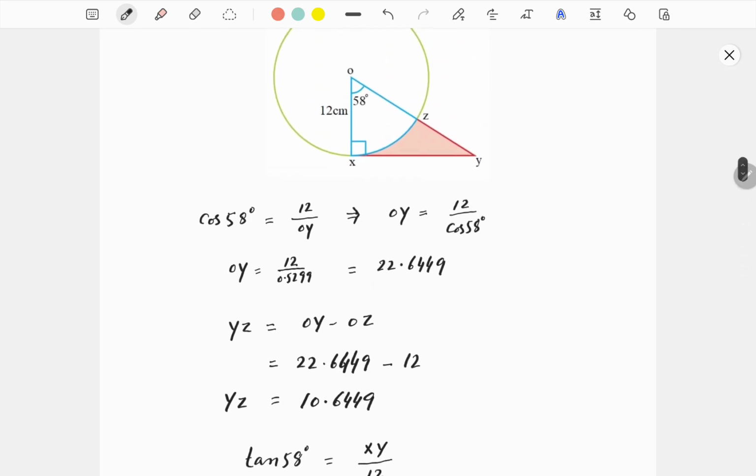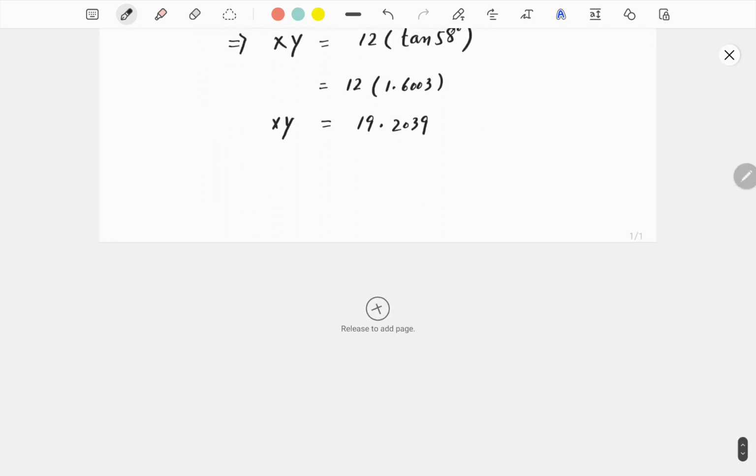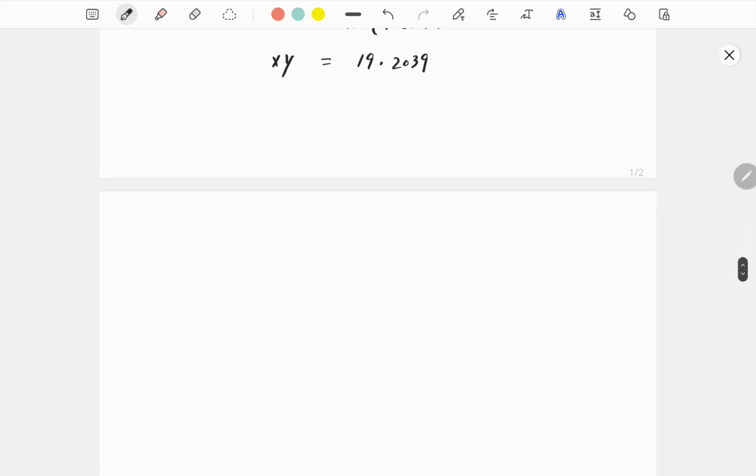Now the only remaining length is the length of chord XZ. First of all, we define the formula for the length of an arc.